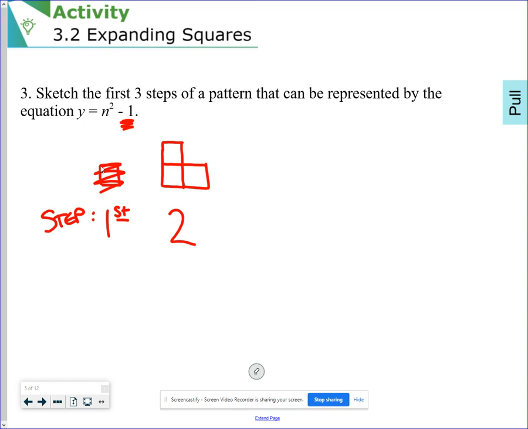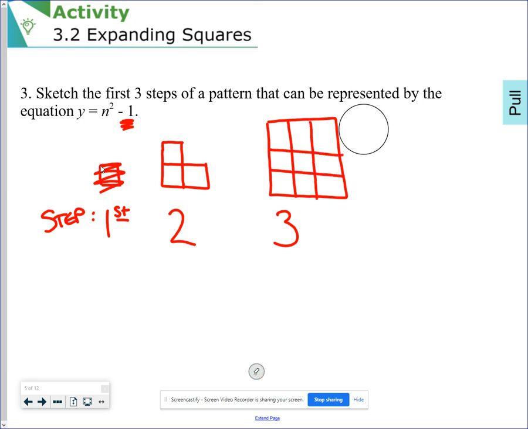So that's what that one would look like. The next one, for the third one, would be a 3 by 3. But I'm going to take away 1. I'll take away the top corner. I know, not very squarish. I'm very sorry. But that's what our pattern would look like.